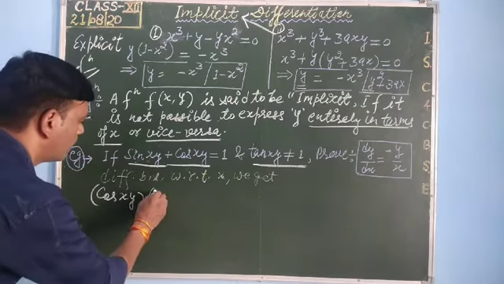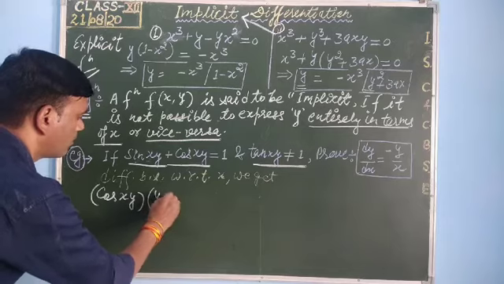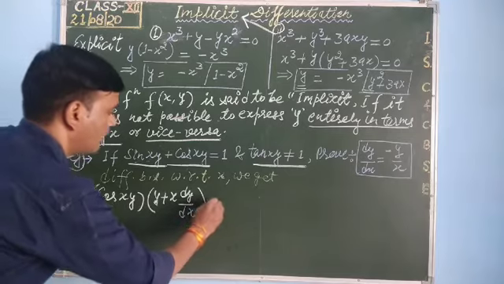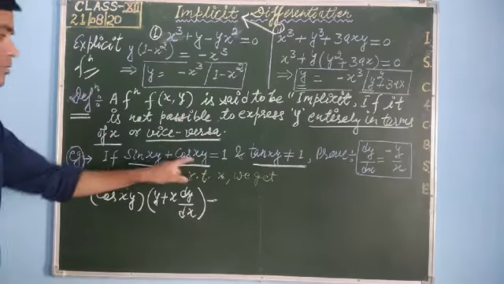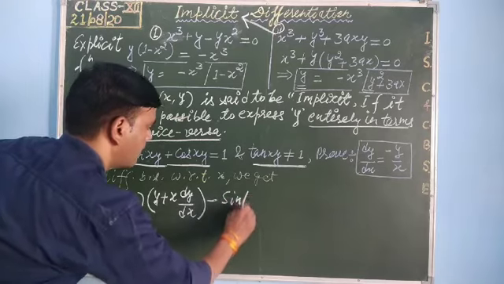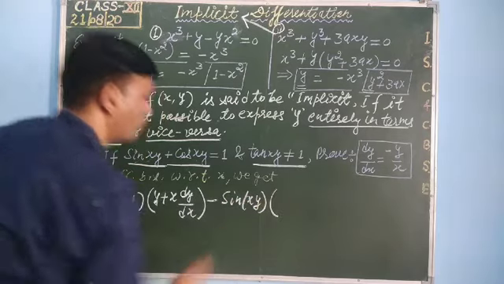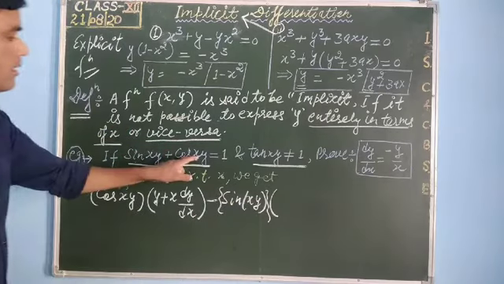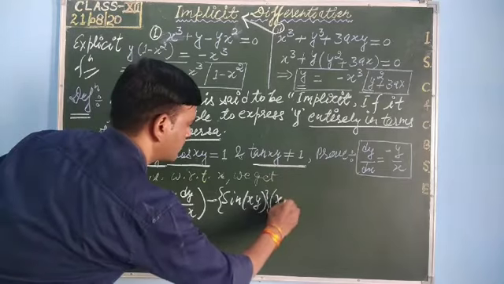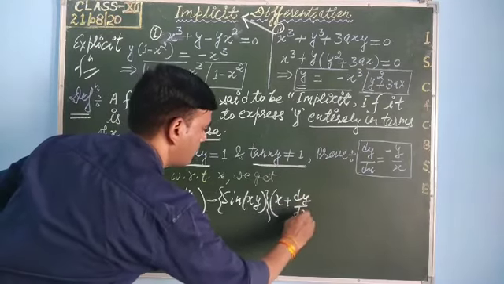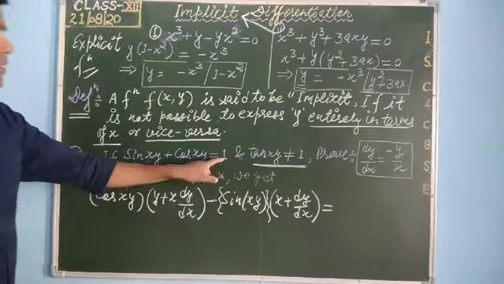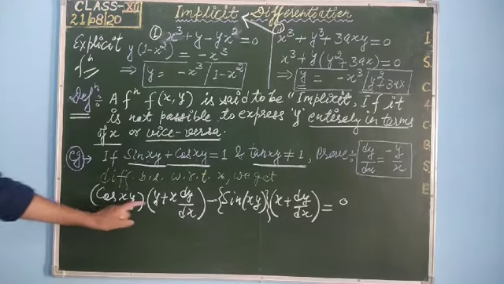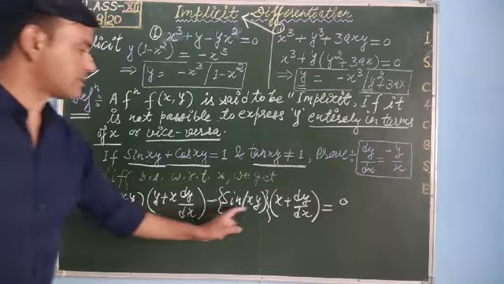This will be equal to y plus x dy upon dx. And the derivative of cos theta is always minus sin theta, so we get here minus sin xy, and according to the chain rule again we get this in this way. Again differentiating this, we get x plus dy upon dx is equal to, and the derivative of 1 is always 0.